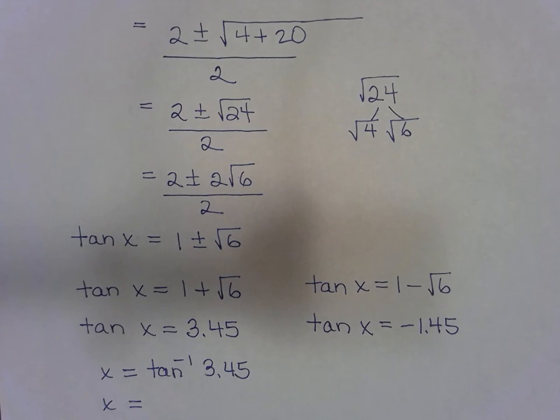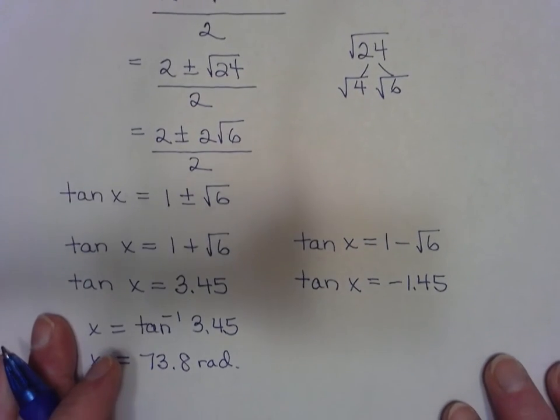Okay, so tangent inverse of 3.45 should give us about 73.8 radians. Okay, and let's do the same thing on this side.